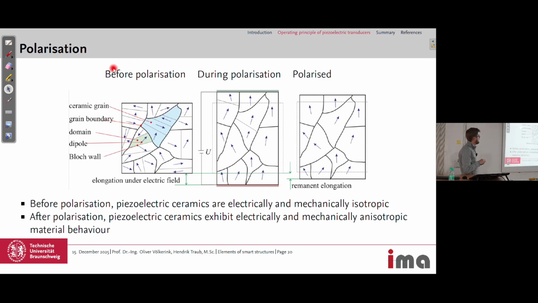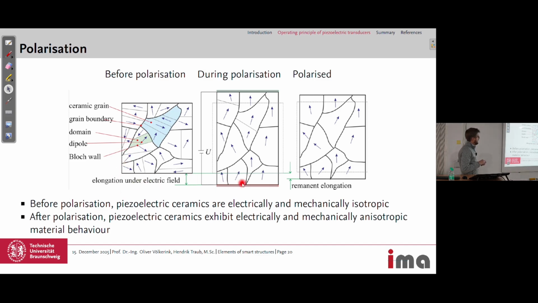Before our polarization, we cool it down below the Curie temperature, then we have the spontaneous polarization state. This is the one where we have the grains, and inside the grains are the domains with different dipole orientations and the Bloch walls between the different domains.